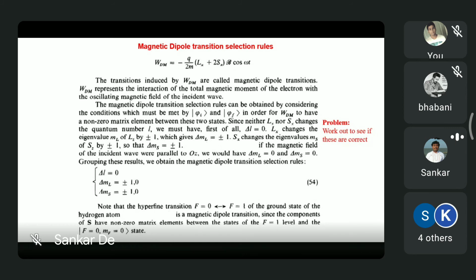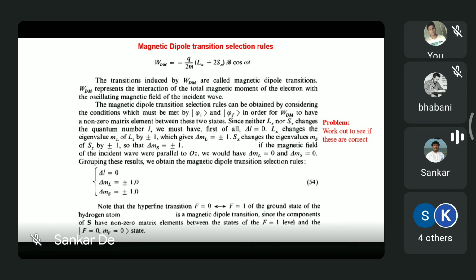And the other part is that one example of such a magnetic dipole transition is F, which is actually a hyperfine quantum number that you will also study later on. So F is equal to 0 to F is equal to 1 in the ground state of the hydrogen atom. This transition is a magnetic dipole transition, since the components of S have non-zero matrix element between the states F is equal to 1, MF is equal to 0 and F is equal to 0.